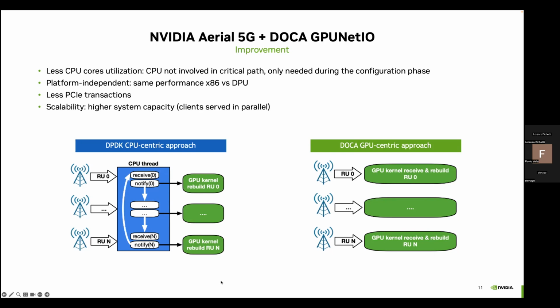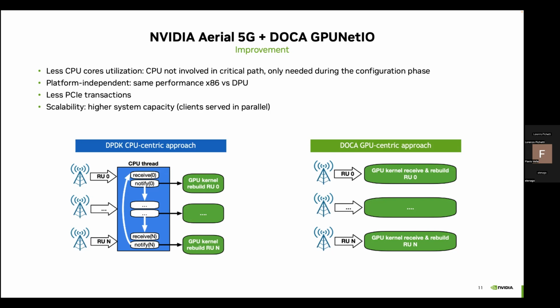So we decided to move to a GPU-centric approach with DOCA GPUNetIO. Right before starting the receive slot, we launch on the GPU a CUDA kernel per client, per radio unit. This means that as soon as every client sends some packets, it has a dedicated kernel running in parallel to the others, totally independent from other CUDA kernels.